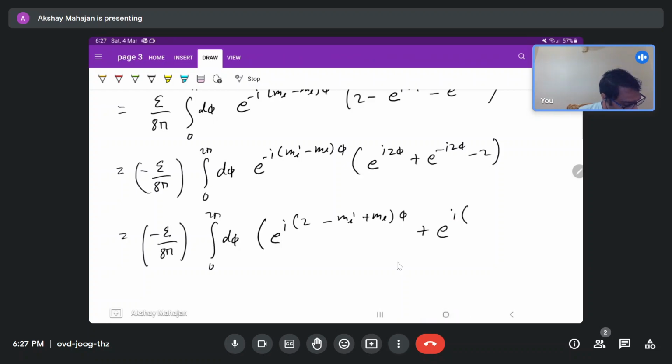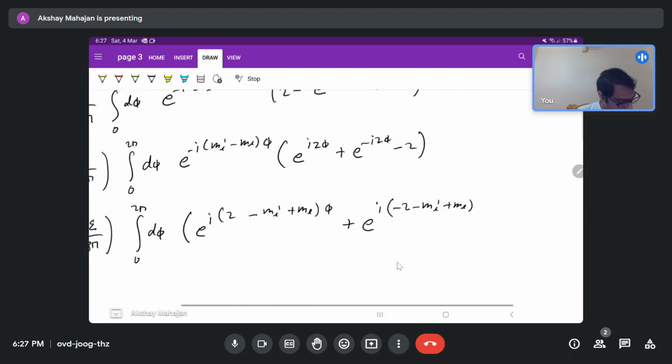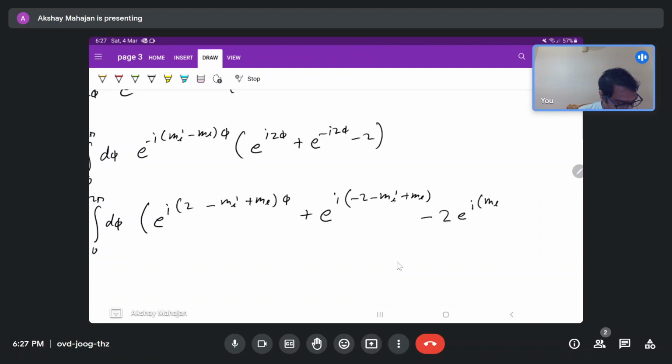Similarly, you will have e^{i(−2 − ml' + ml)φ}, and similarly you will have a minus 2 times e^{i(ml − ml')φ}, integrating with respect to φ. Alright, so we will get something like this.